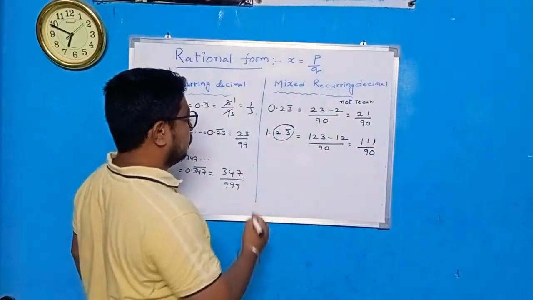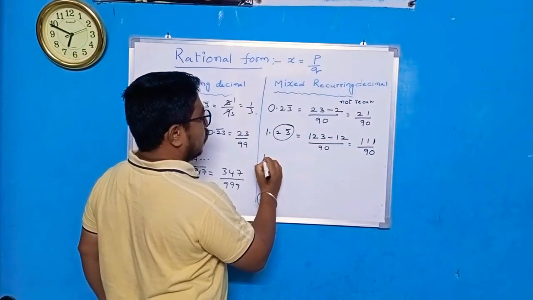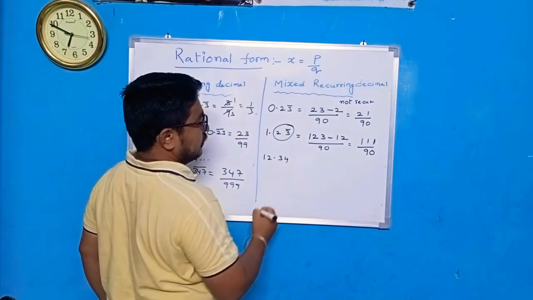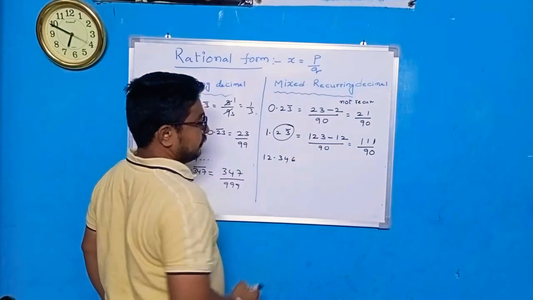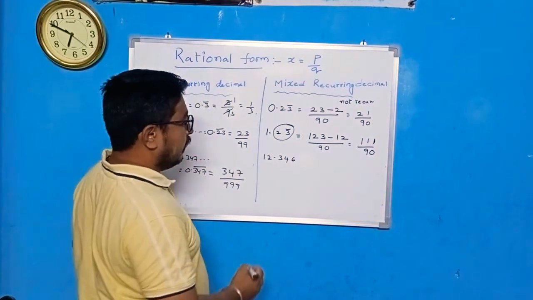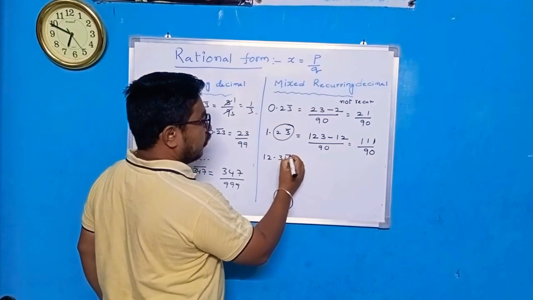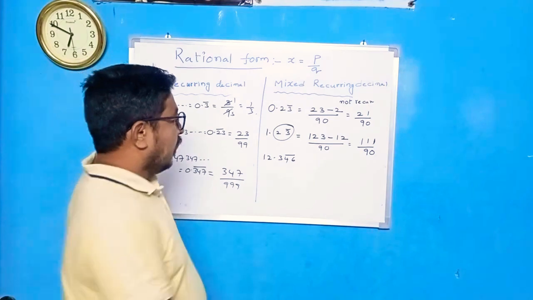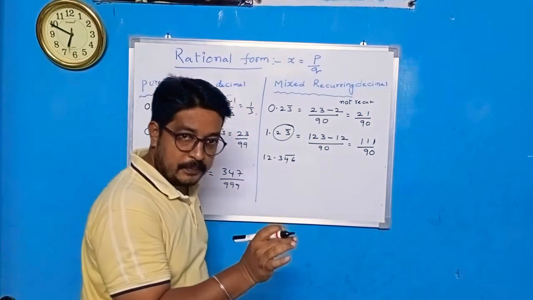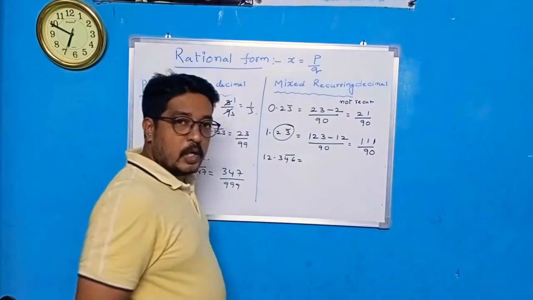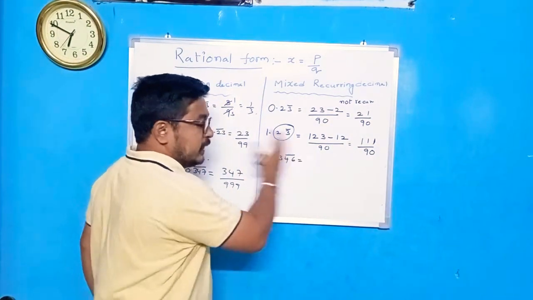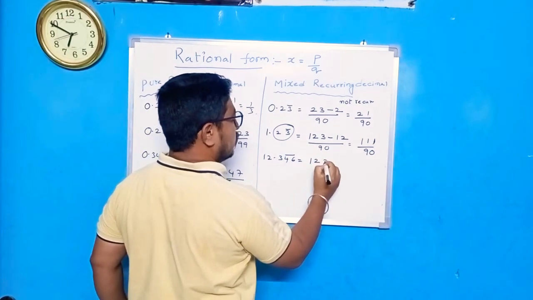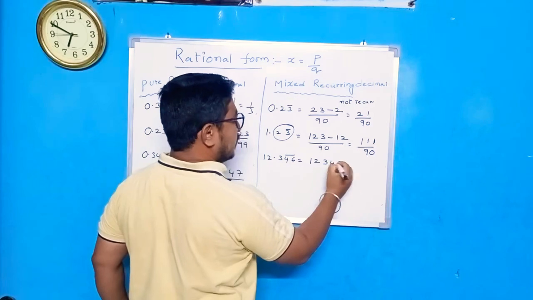Take another one: 12.346 bar. Here 4 6 is recurring. What is our aim? After the decimal, for the denominator. And for the numerator, write the total digits. What are the total digits? 1, 2, 3, 4, 6.